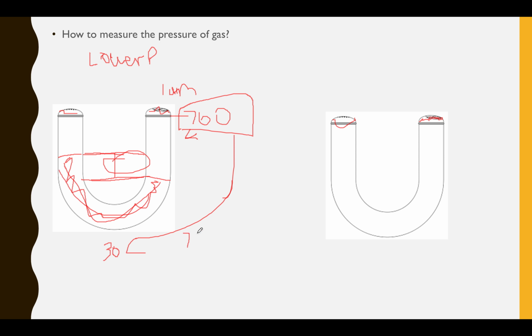So we do 760 minus 30, which gives us a total of 730 millimeters of mercury. So the lower pressure system is 30 millimeters of mercury less than 760. The final answer is 730 millimeters of mercury.